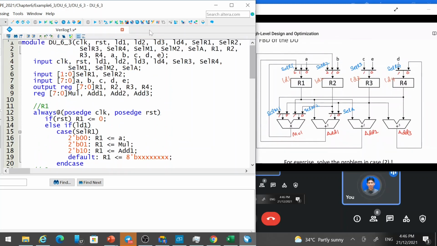So that is the advantage of Verilog or HDL.